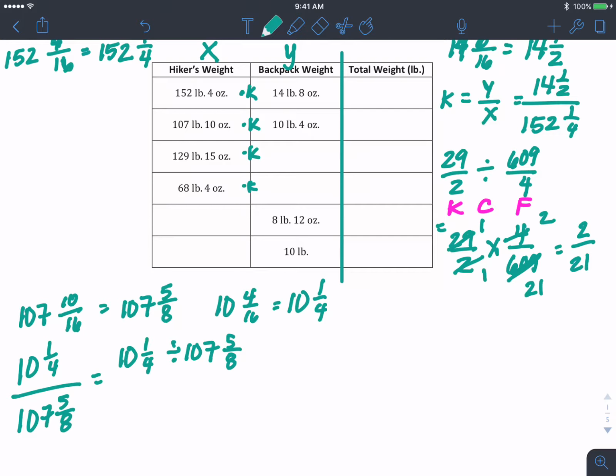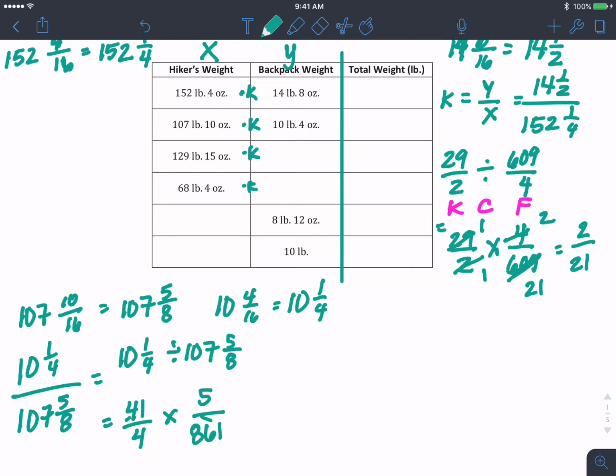We do our keep change flip. Well, let's turn these into improper fractions first. So it's 41 over 4 divided by 8 times 107 is equal to 856 plus 5 is equal to 861. So we're already flipping it, so it's 861 over 5, but I flipped it, so now it's the reciprocal. Let's see if 861 is divisible by 41, and it is.